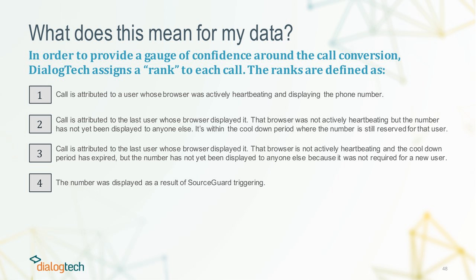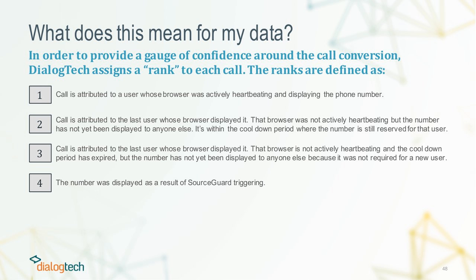There's a very concrete tie between a phone number that's being served to somebody actively and a phone call that comes in through that phone number. We know that they were both looking at a phone number and they called the phone number. And that's number one. Our highest rank is we know that they were looking at the phone number when they called it. They at least had their browser open with that website.